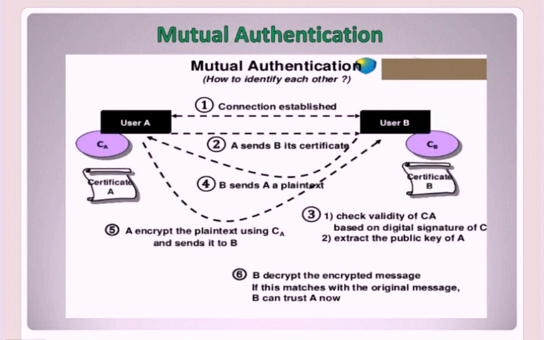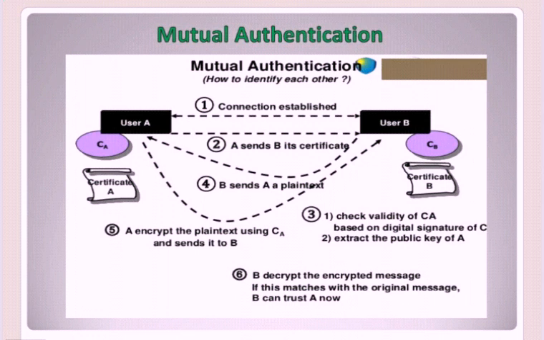In the second step, B receives the certificate from A and checks the certificate authority's digital signature to ensure that the CA actually signed the certificate and that the certificate has not been tampered with.